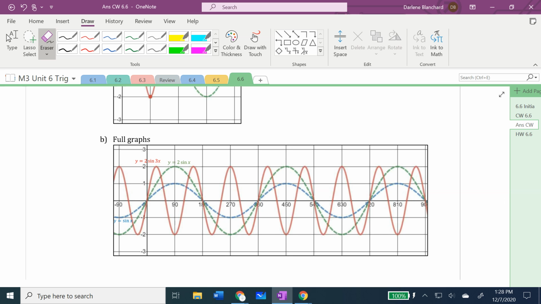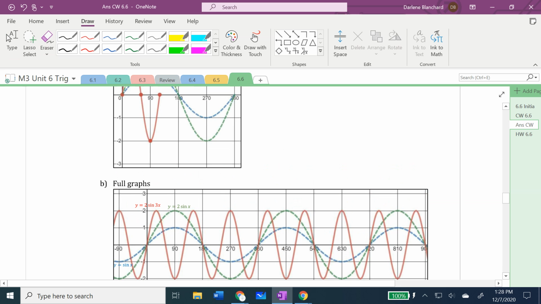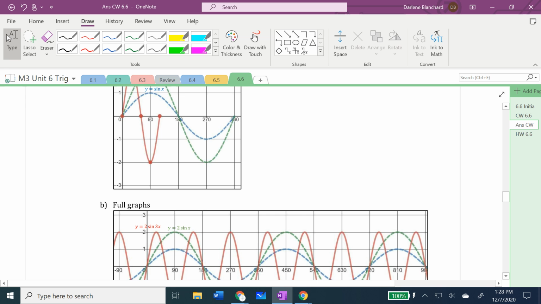Why does the graph look like it goes through 60 degrees? Oh, you mean has an x-intercept? It does.